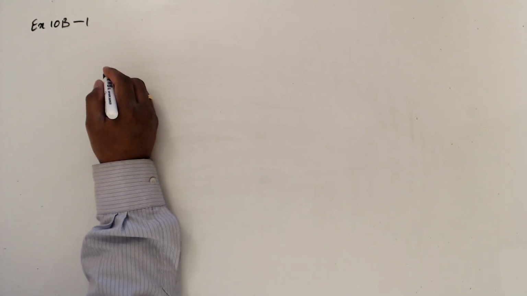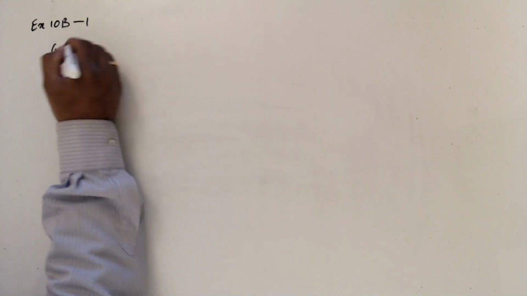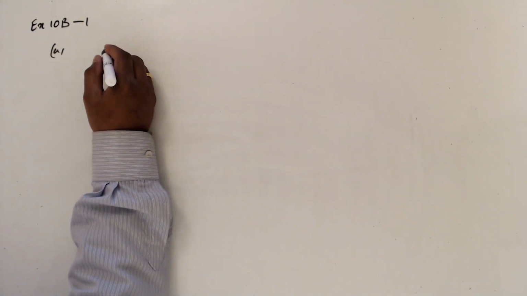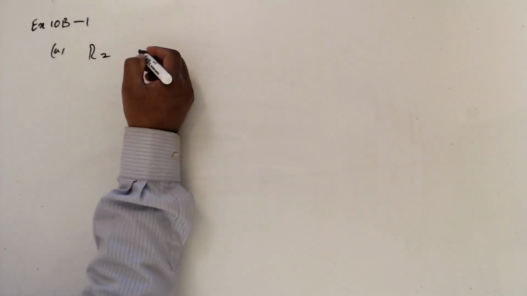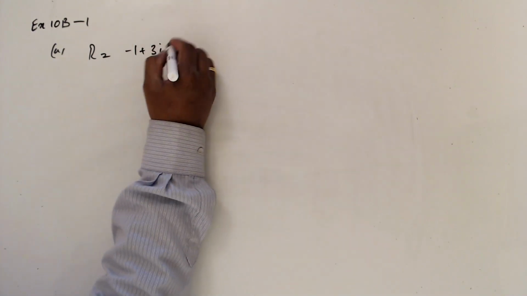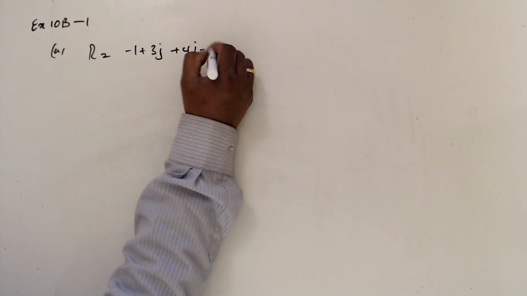Exercise 10B, question number 1. A. We need to find the resultant force. We'll work out the resultant vector. So minus i plus 3j plus 4i minus j.